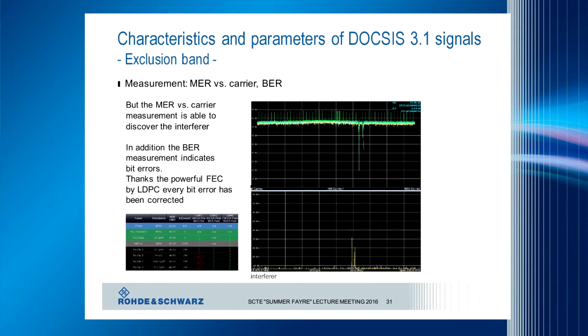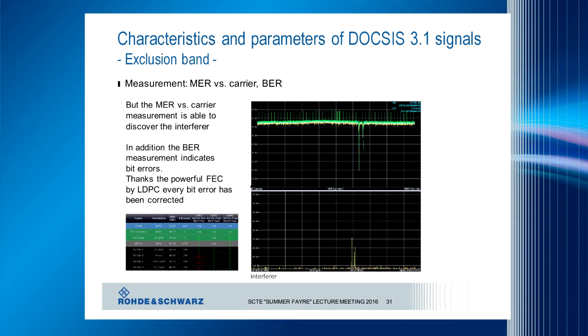But I come back to my favorite number one of the measurement screens. With the measurement MER over frequency, you have a very nice possibility to detect all the interferers in the background of your signal. Why? I told you, you can see the MER value for each of the carriers, and here we can see it by the interferers.